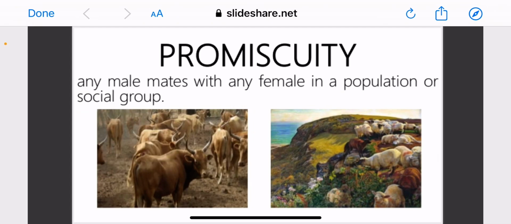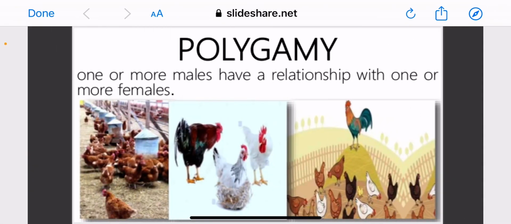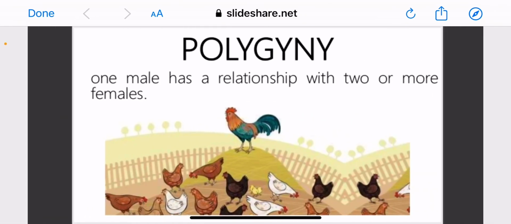We also have promiscuity, where any male mates with any female in a population or social group, which is very common in animals and also happens in humans. And we call polygamy that in which one or more males have a relationship with one or more females. But in this case, there are only a few relationships, unlike promiscuity.